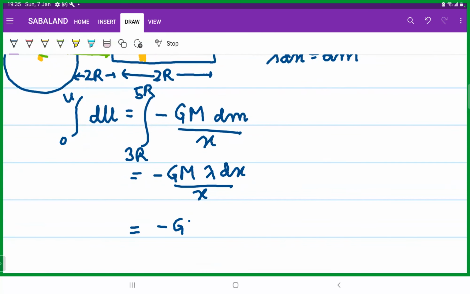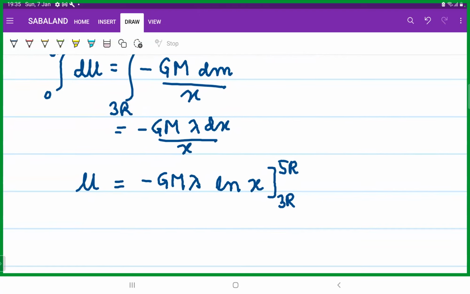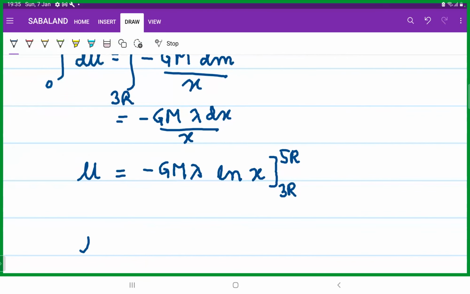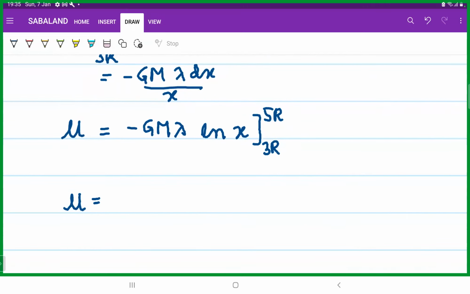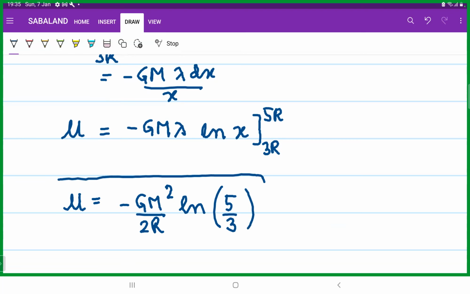So we put all the values over here: G M lambda natural log of x from 3r to 5r. This is equal to U. When we put the value of lambda, which is mass by length, the value of U will be minus G m square by 2r natural log of 5 by 3. This is the initial potential energy.